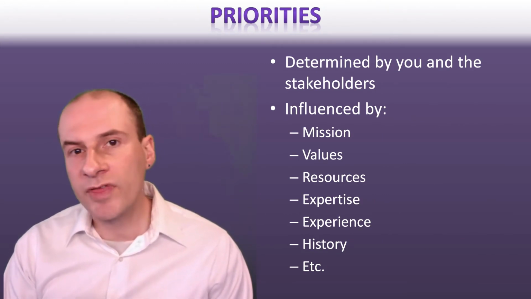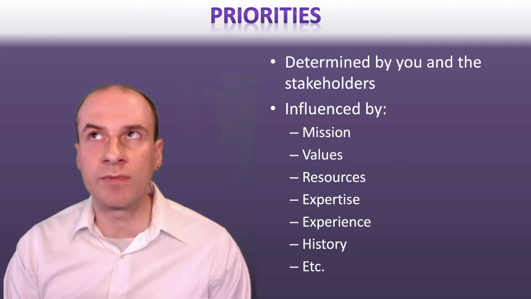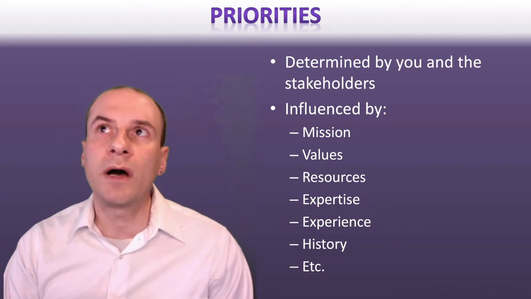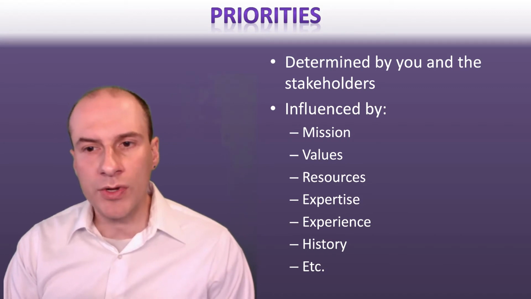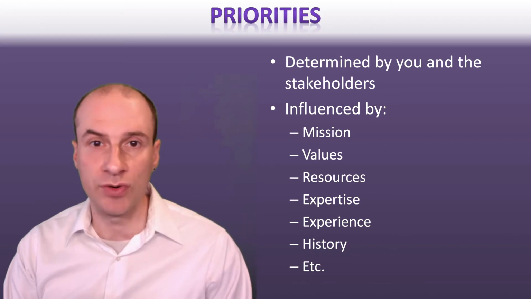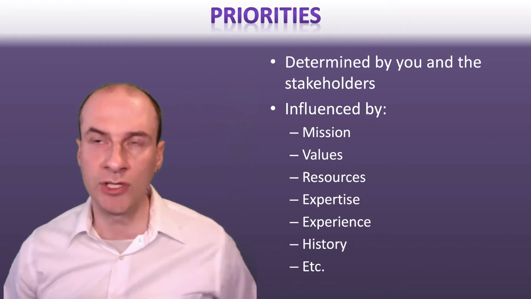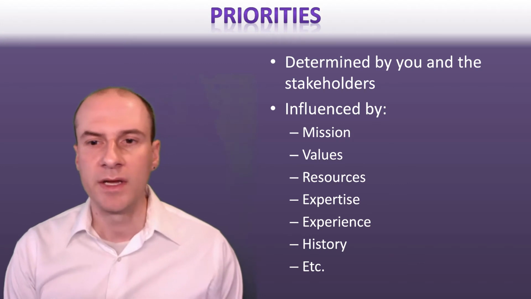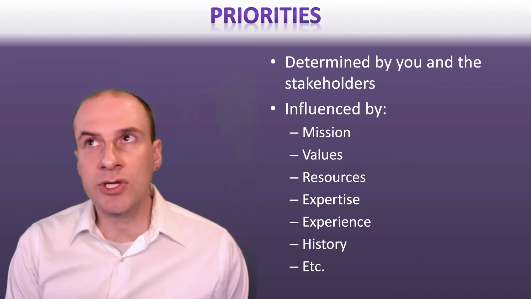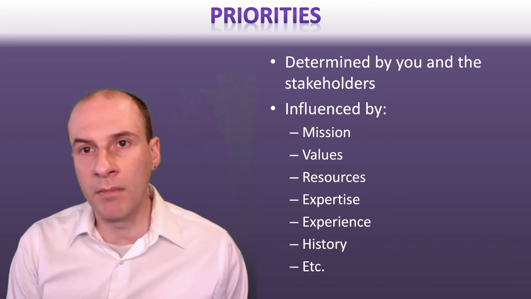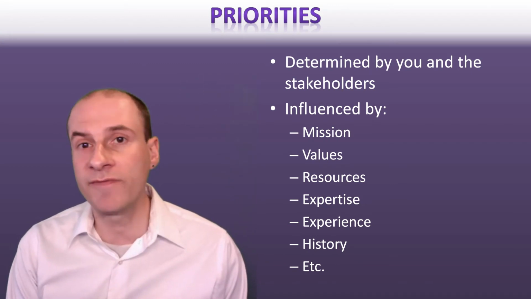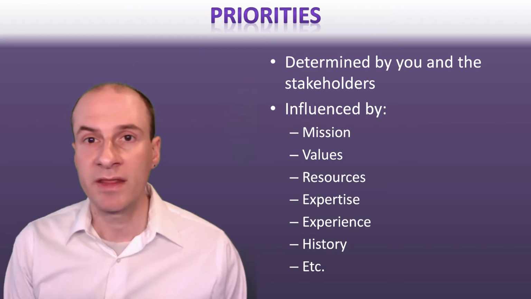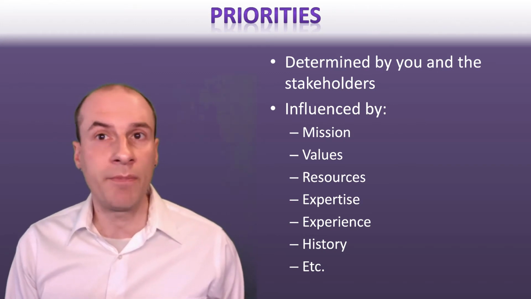Now let's move to the priorities element. The priorities are about thinking, based upon the problem you're addressing, what you are prioritizing as the important things to do. This is going to be determined largely by your opinion, along with the opinion of your stakeholders, the various people you'll be working with who care about the problem and the situation you're dealing with.